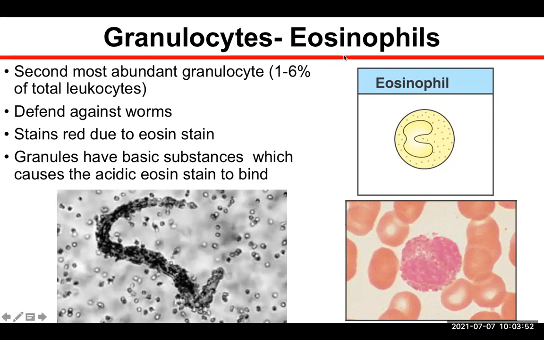The reason why eosinophils are named the way they are is because when they were stained with eosin, they stain red. And this indicates that their granules, or the little molecules that they're meant to secrete to kill off foreign invaders, are basic inside them. So they cause the dye to react and stain red.